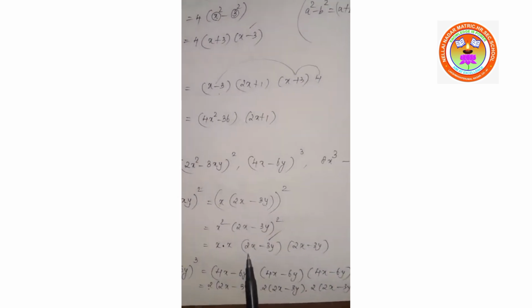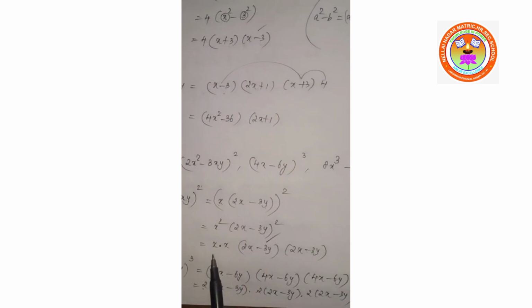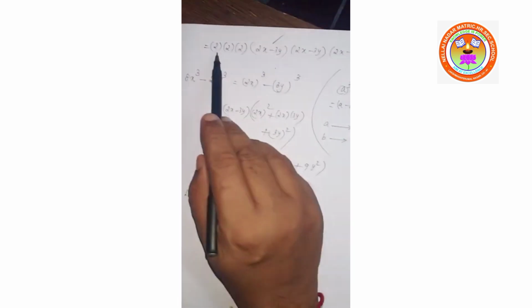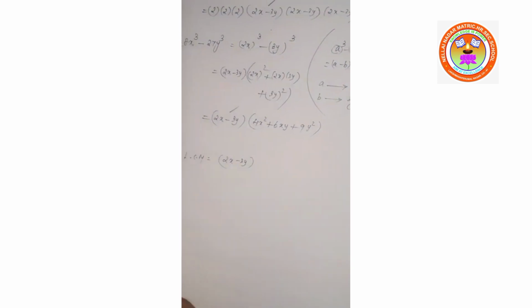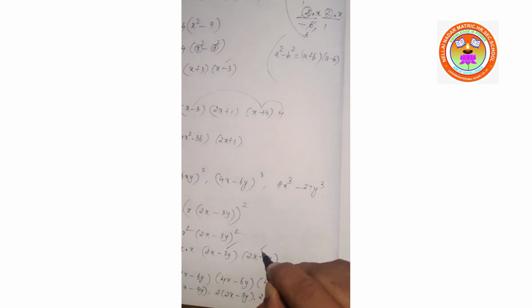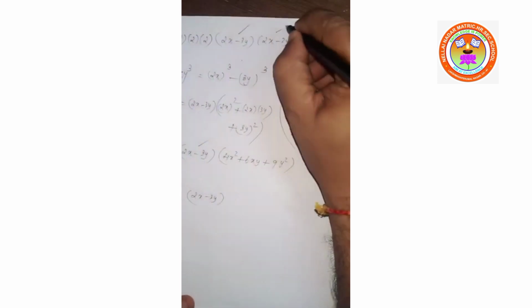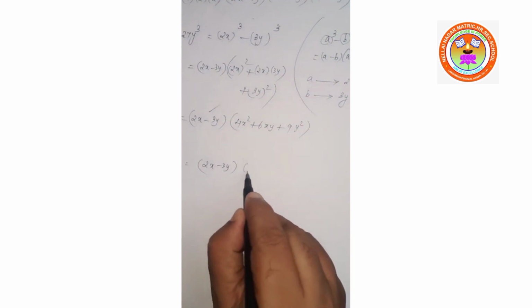After that, first and second, which one is common? Here double x, don't take that. The expression we have taken already, don't consider this because we have taken this expression already. So you have to consider double x and 2x minus 3y. Here triple 2 and 2x minus 3y 2 times. So I take here 1 2x minus 3y, here 1 2x minus 3y. So common place.